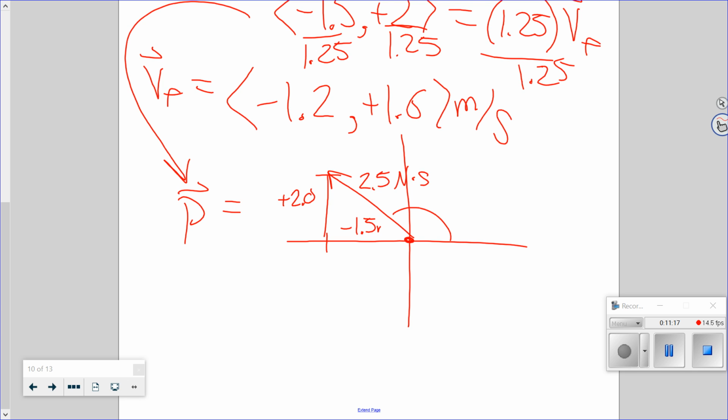Okay, so you could say that this angle is 53 degrees because the y component is bigger. You could say north of west because here's west and here's north.